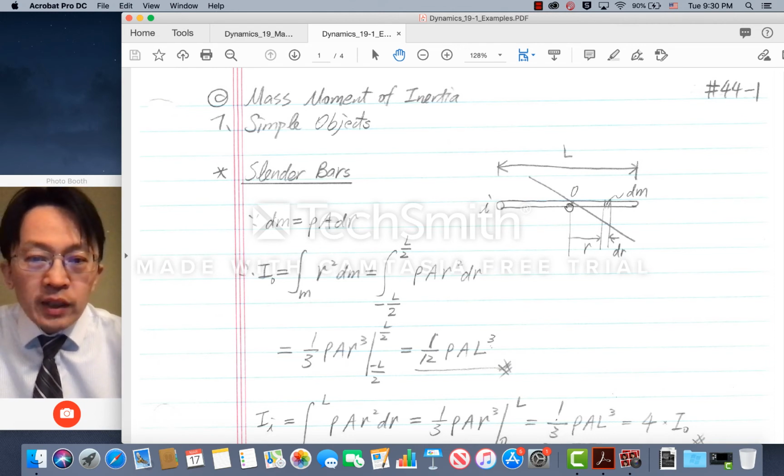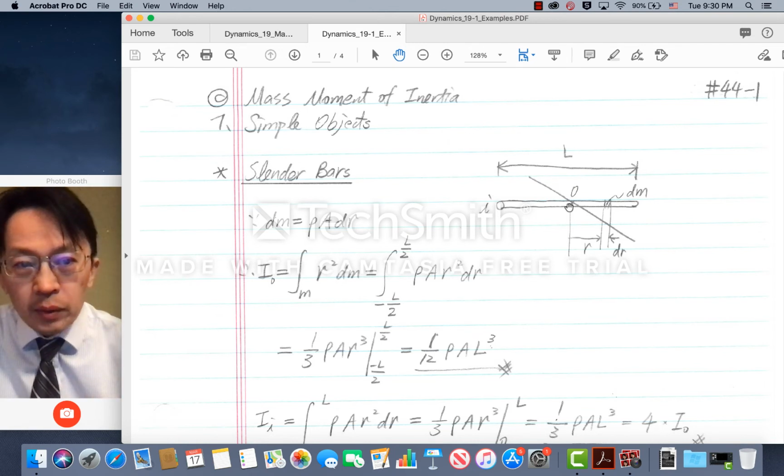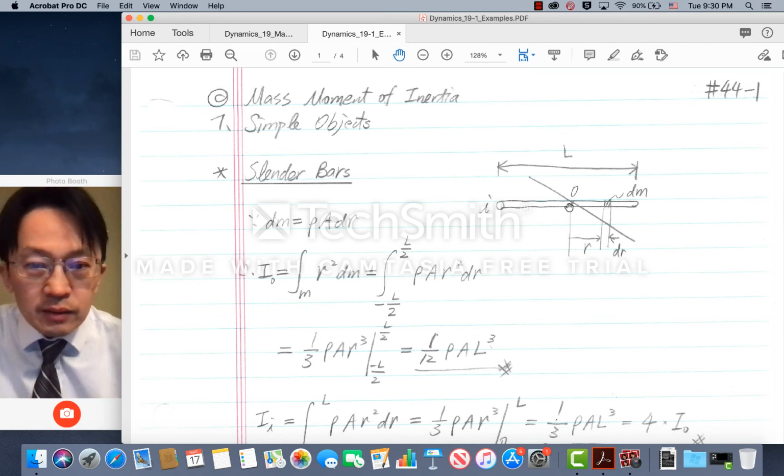Now when we perform this integral, the mass moment of inertia will be denoted as I0. And this is written as the integral of r squared times dm by definition.